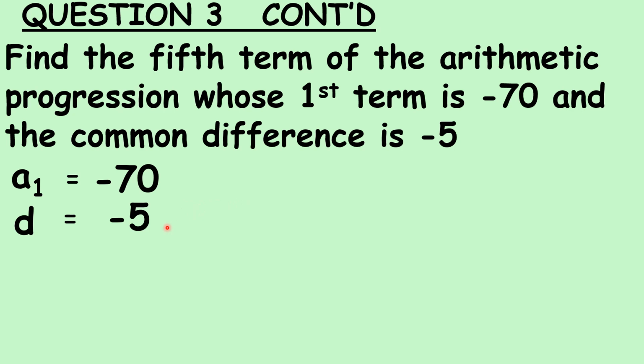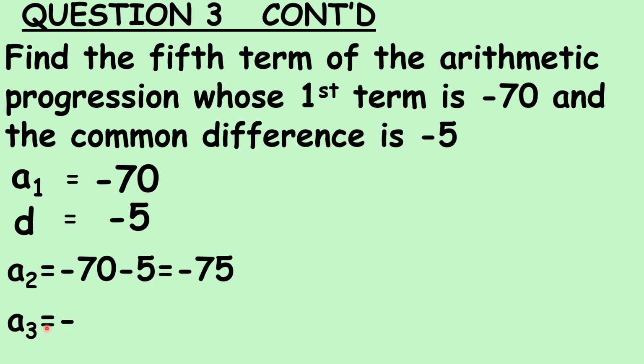By the time you add minus 5, positive and negative, it now becomes minus 5. So your A2 will simply be minus 70 minus 5, which is minus 75. You're owing 70, you're now owing 5, you owe 75. So that is A2. Our A2 now is minus 75.